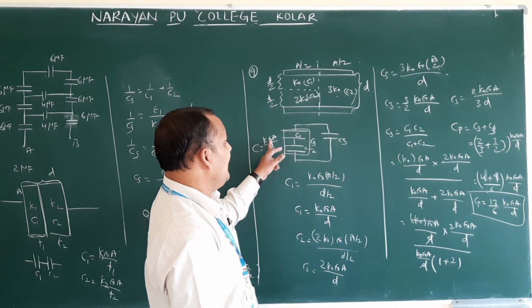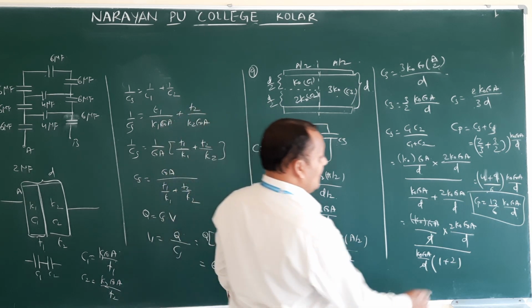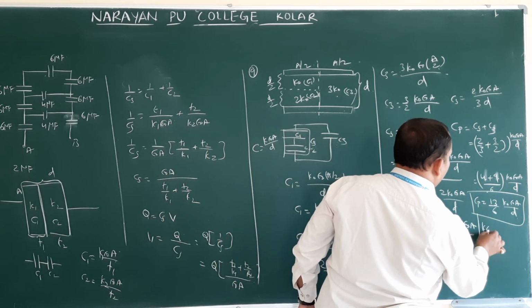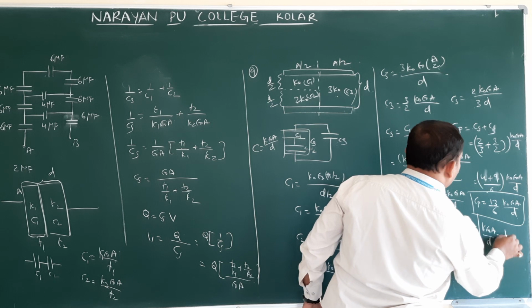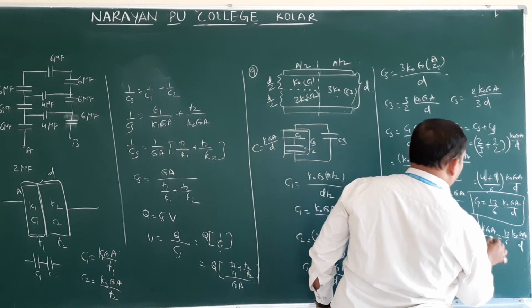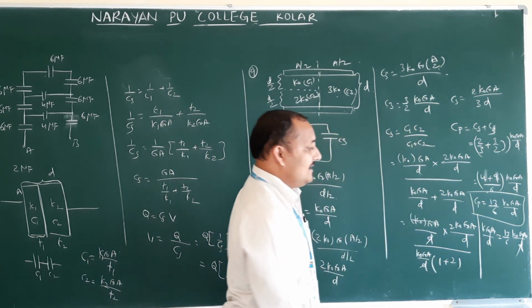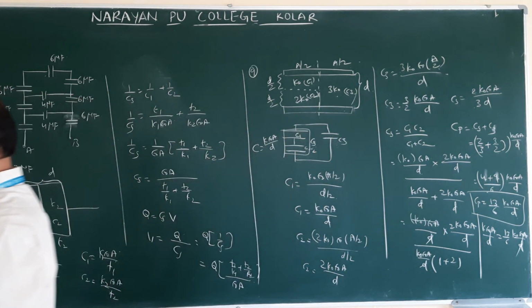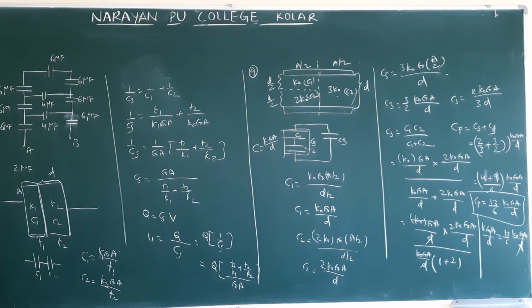That is nothing but Kp epsilon naught A by D, or K epsilon naught A by D is equal to 13 by 6 K naught epsilon naught A by D. So these two will be cancelled. Then K is equal to 13 by 6 K naught. Isn't it? Option 2. Okay.